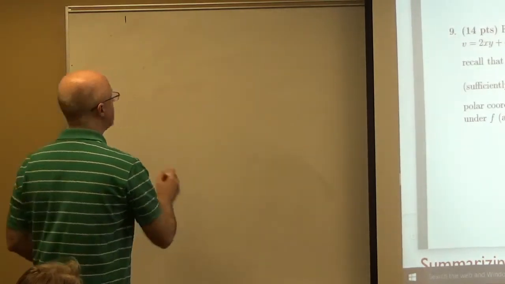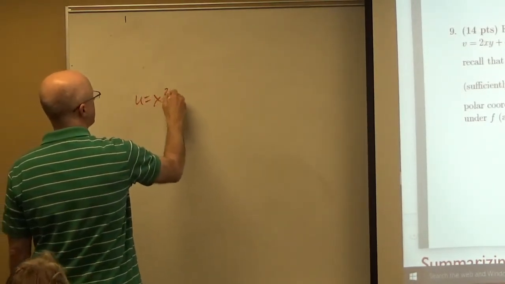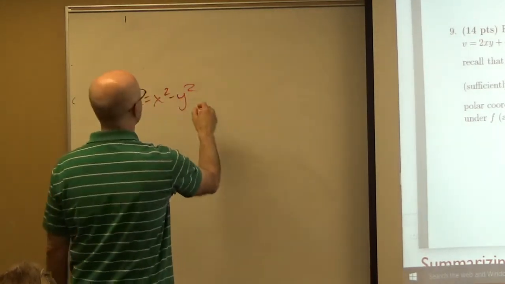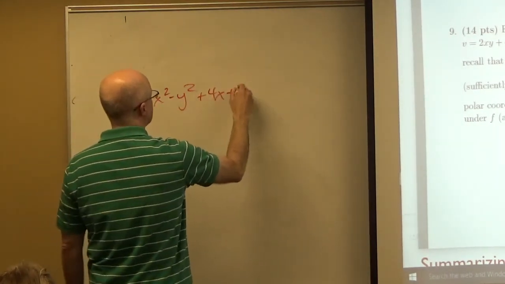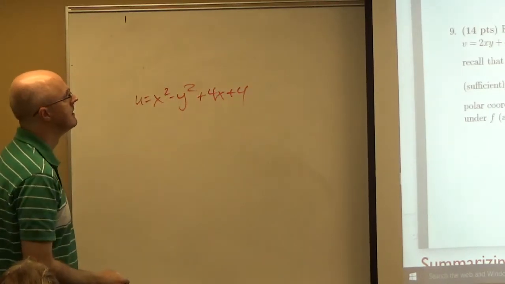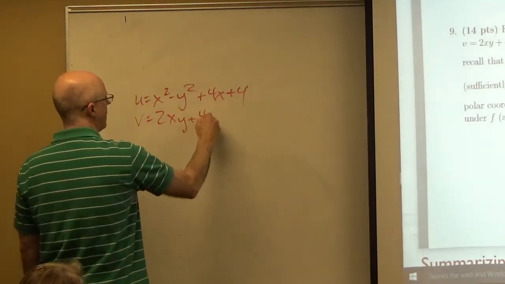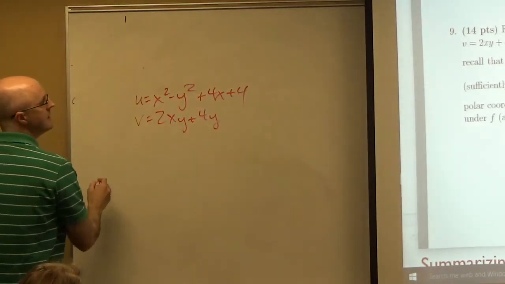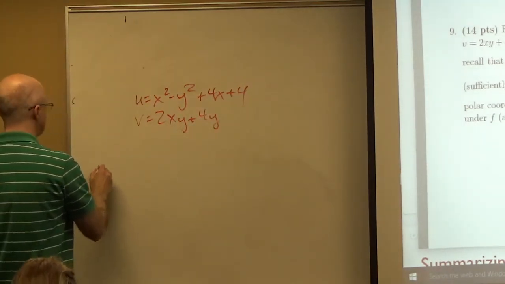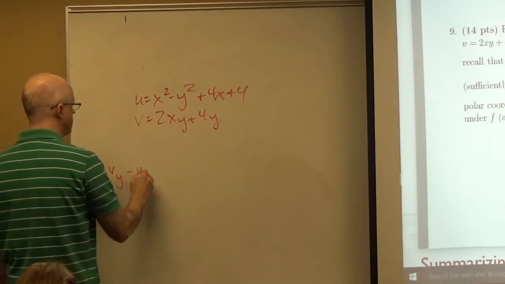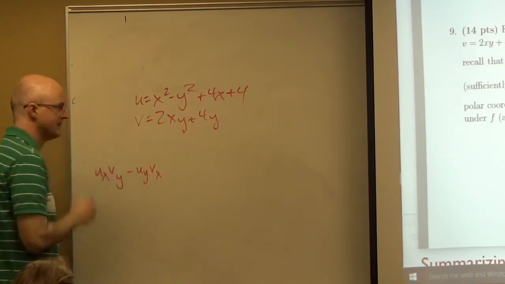So in this case, we've got u is x squared minus y squared plus 4x plus 4. v is 2xy plus 4y. The Jacobian determinant is ux vy minus uy vx.